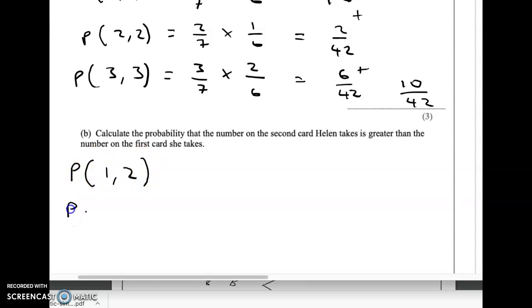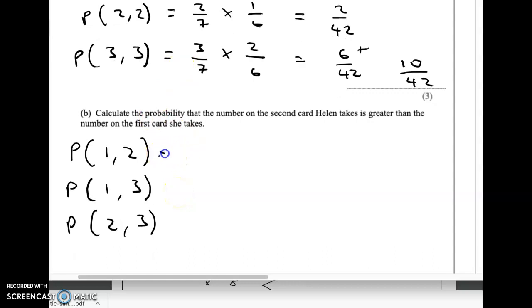Or it could be the probability that she picks a 1, then a 3. It could be the probability that she picks a 2, then a 3. Now these are our only possibilities it could be.